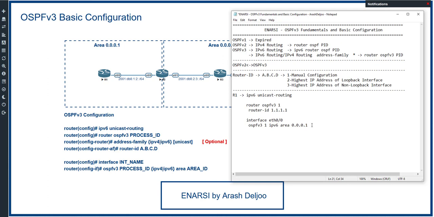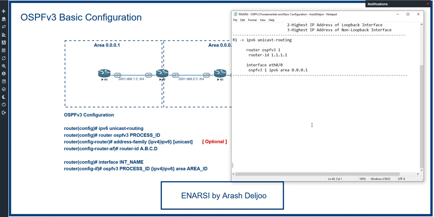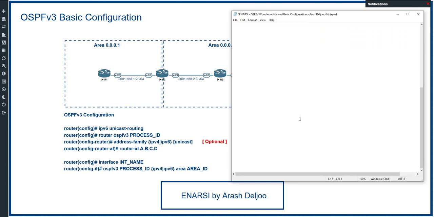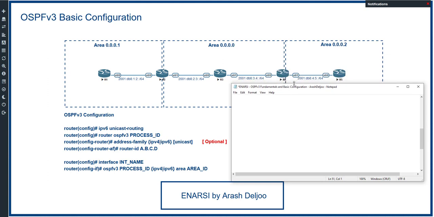Let me configure this scenario step by step. After that, we can understand more about, for example, OSPFv3 configuration and also verification. First, we should configure this scenario for the IP addressing. This is R1.